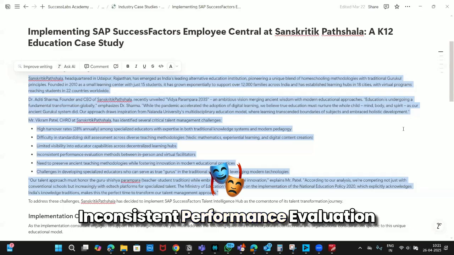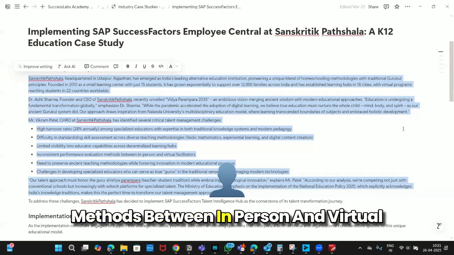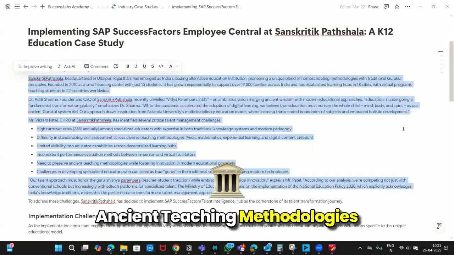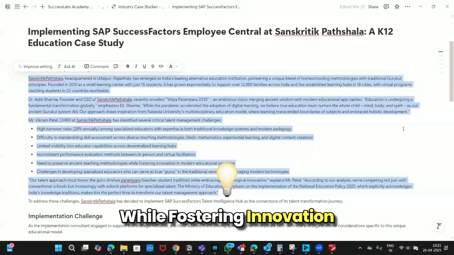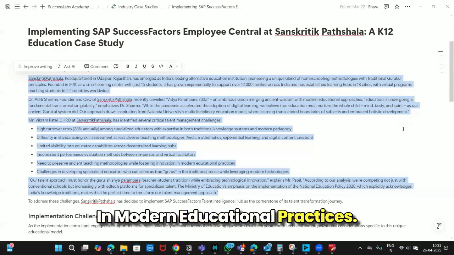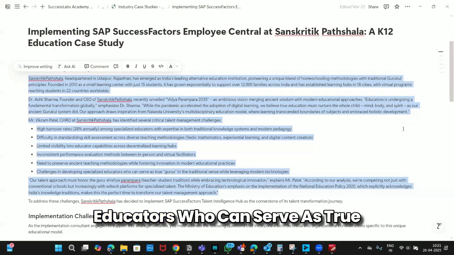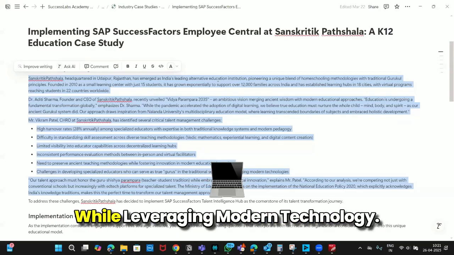Inconsistent performance evaluation methods between in-person and virtual facilitators. The need to preserve ancient teaching methodologies while fostering innovation in modern educational practices. Challenges in developing specialized educators who can serve as true gurus in the traditional sense while leveraging modern technology.